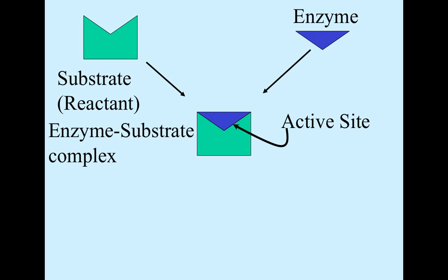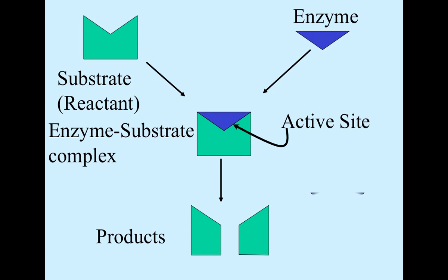And the meeting point is what we refer to as the active site. So this enzyme comes in, and in this case it's actually splitting apart our substrate, so it makes it happen faster and with less energy. But at the end I still get the same products, and I get the enzyme that is just the same as it was before, and it can go back and do the exact same thing again.